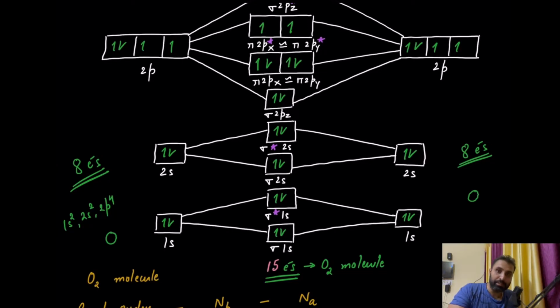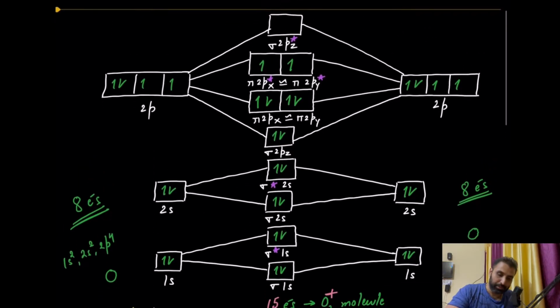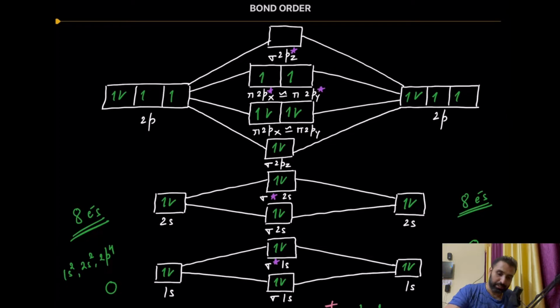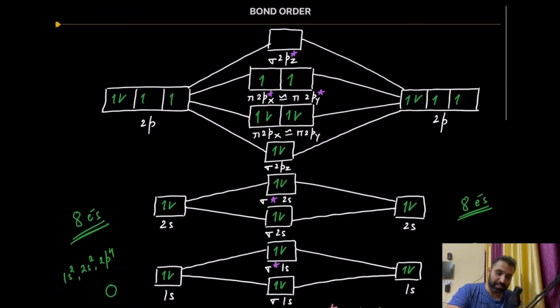So we will be filling 15 electrons in the O2 positive molecule. In this structure, these are the 16 electrons in the molecular orbitals. I'm going to delete one electron. Now we have 15 electrons in the O2 positive molecule.